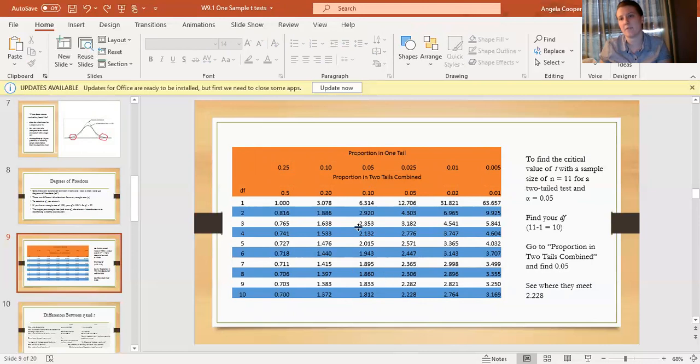So the values that we get from t-tables, we're going to compare our t-statistic to them, which we calculate in step 3 of hypothesis testing. But I'm getting ahead of myself. This is the t-table. That's how you read it. That's how you find information from it. And also that's the information that you're getting, critical values from it.